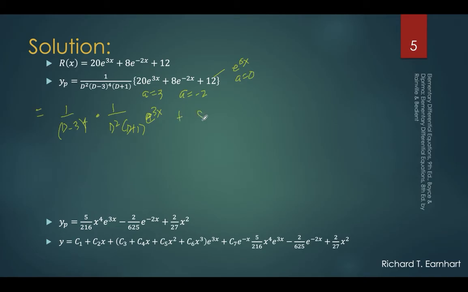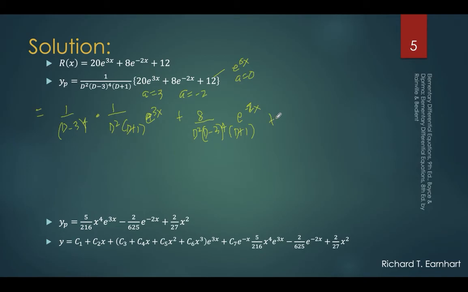Plus 8 over, if a is equal to negative 2, there are no factors that will make the denominator equal to 0, so we put everything here, e to the negative 2x.